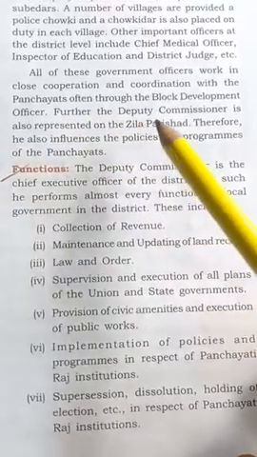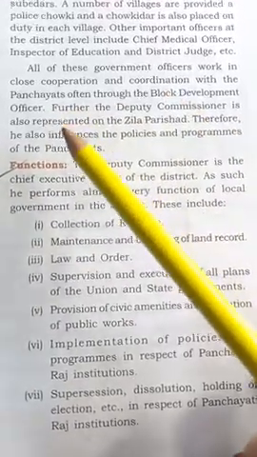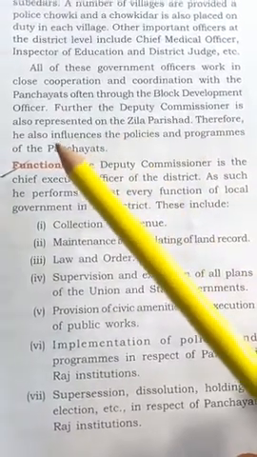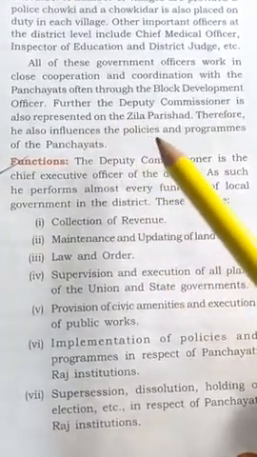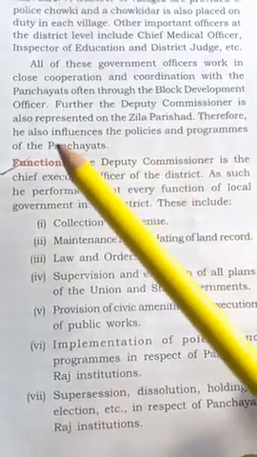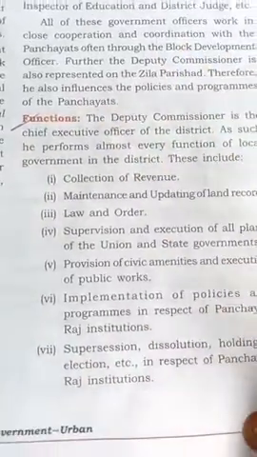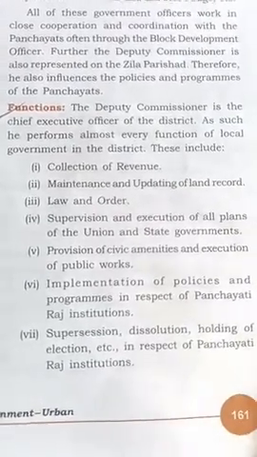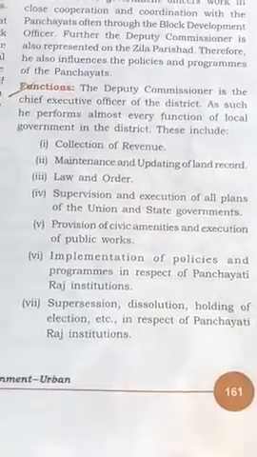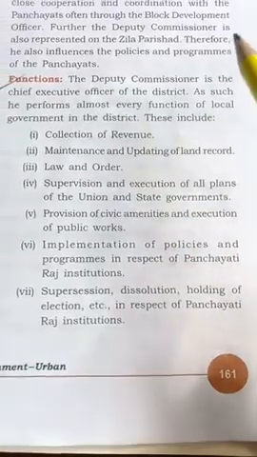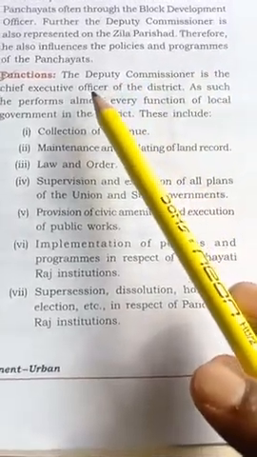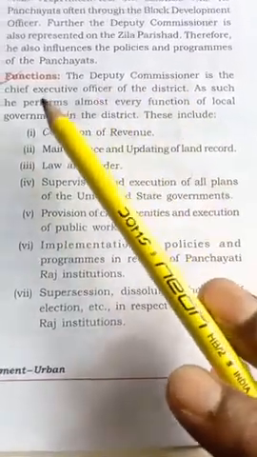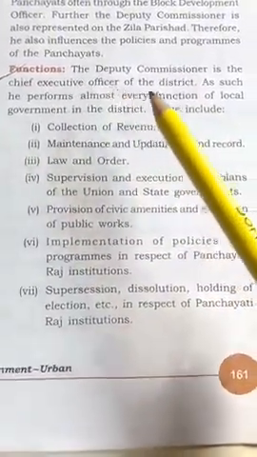Further, the Deputy Commissioner is also represented on the Zila Parishad. Therefore, he also influences the policies and programs of the panchayat. Now, functions: how they cooperate and coordinate with each other and work. Here we can see the deputy commissioner's function is that of executive officer. Means the deputy commissioner is the chief executive officer of the district.